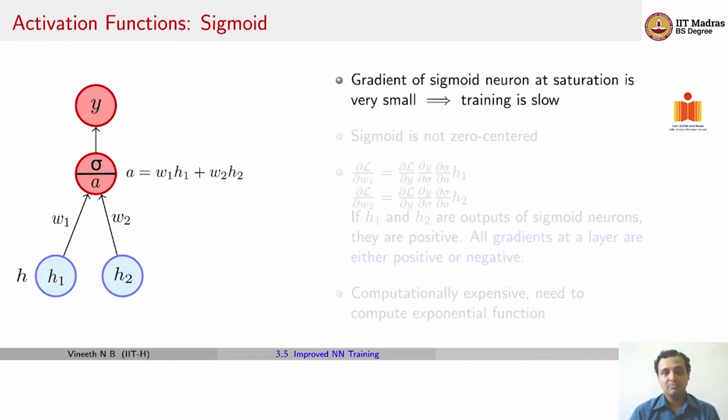The one important problem is, if you look at the shape of the sigmoid, which is somewhat like this.